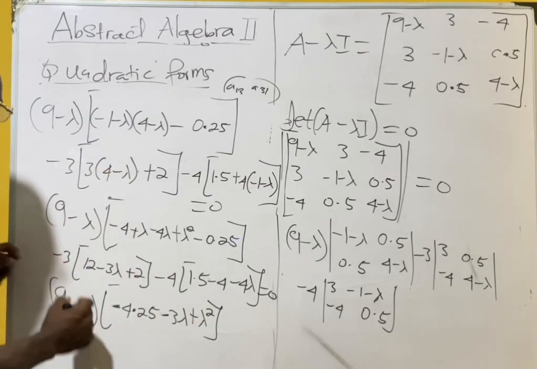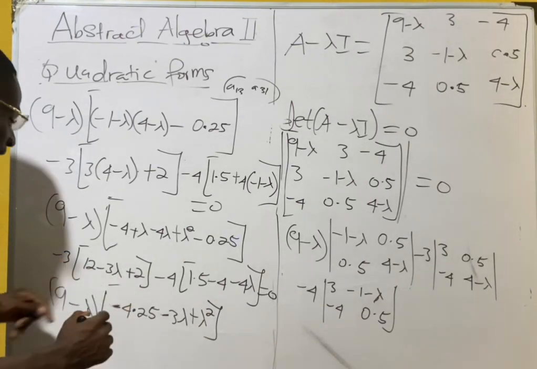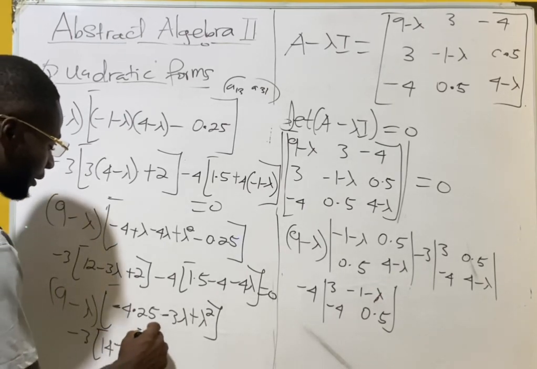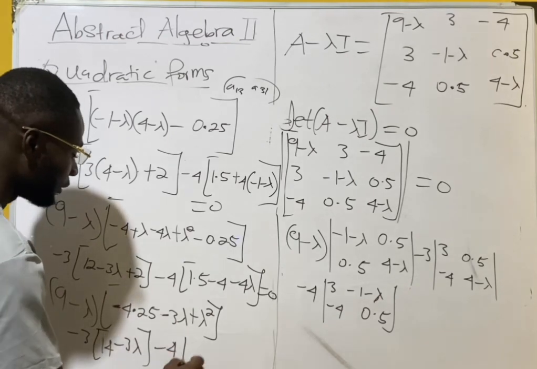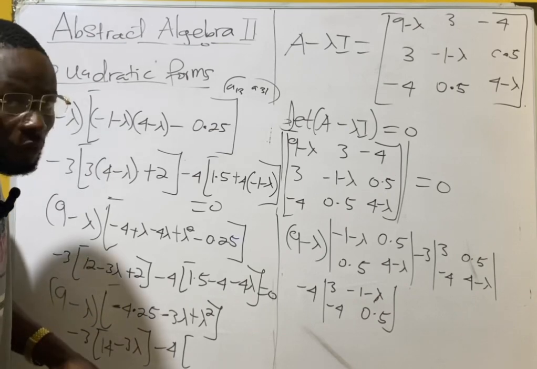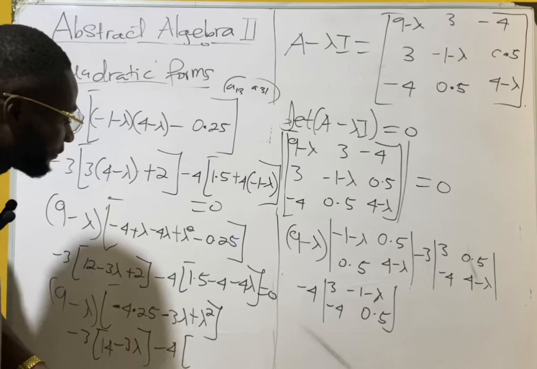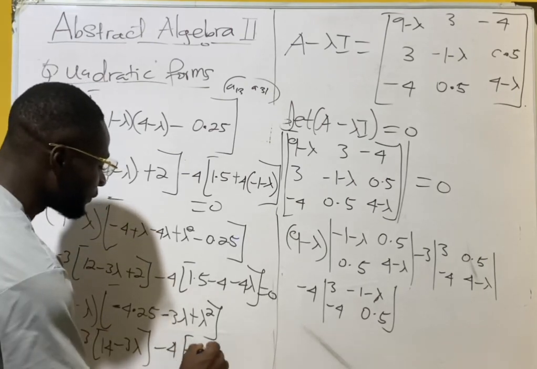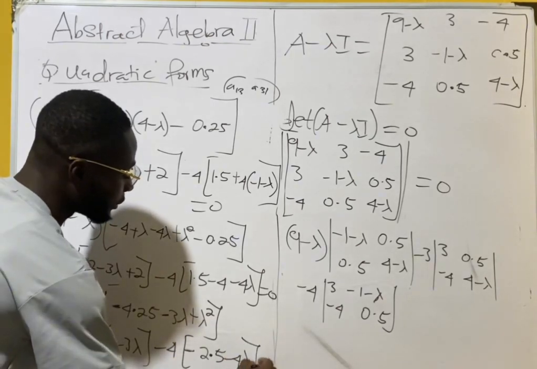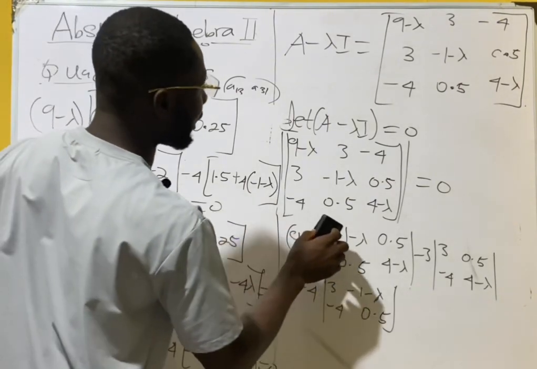Then we have minus 3 into 12 plus 2 is 14 minus 3 lambda, right? Minus 4 into 1.5 minus 4, that is negative 2.5. So we have negative 2.5 minus 4 lambda, and that is equal to what? 0.